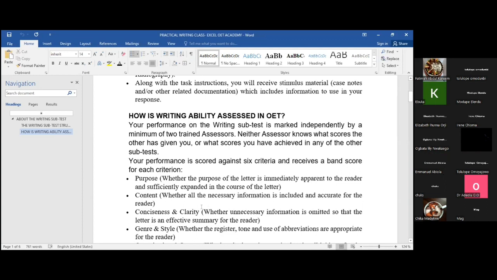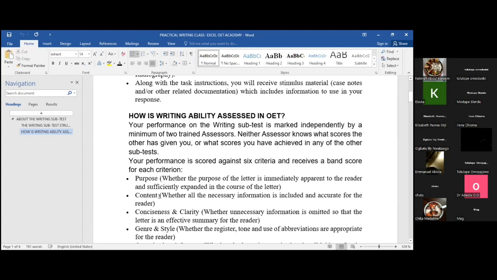Now, as I said earlier in the last class, you don't need to follow the 180 to 200 strictly. So for example, let's say you wrote more than 200 words. No problem. At the end of your writing, don't start thinking, oh, I have to make it between 180 to 200. No, the 180 to 200 is given to you as a guide, because if you're writing too little, it means you're not following the content criteria.